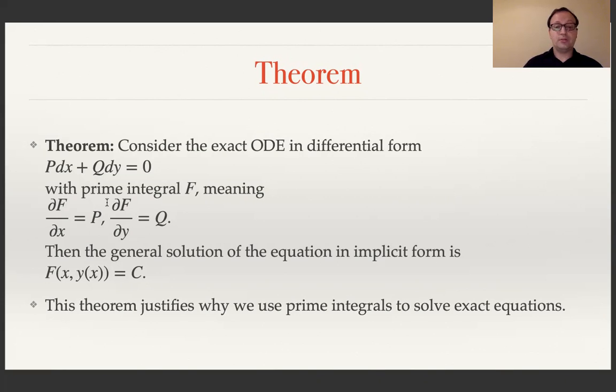Then the general solution of the equation in implicit form is capital F of x and the unknown function y of x is equal to a constant. Here, capital F again is a prime integral. So again, this theorem justifies why we look for prime integrals when we deal with exact equations.